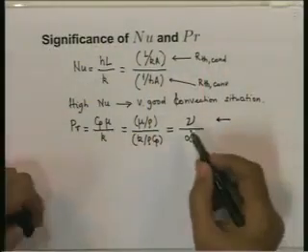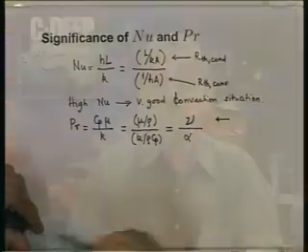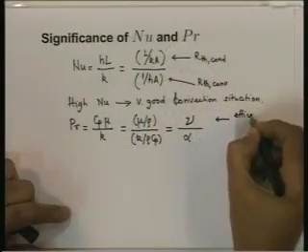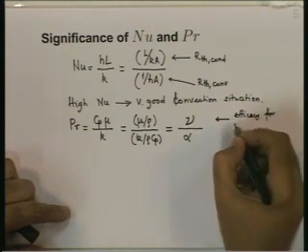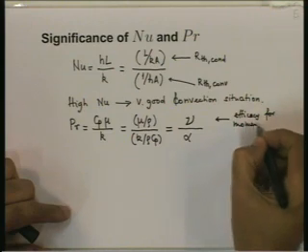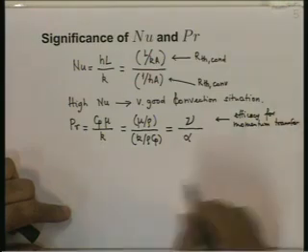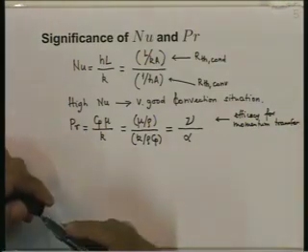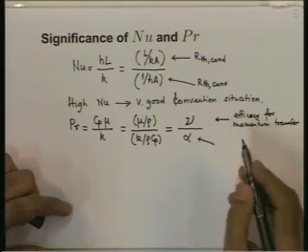And what does the numerator represent? A high nu means a reasonably large viscosity. So this represents the efficacy of the fluid for momentum transfer. A viscous fluid will have a high value of nu.